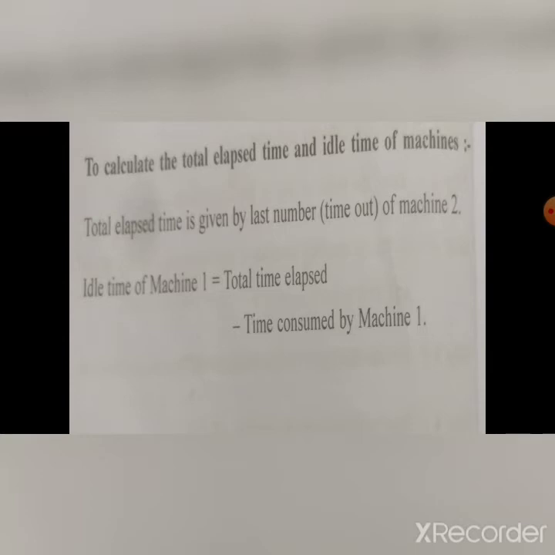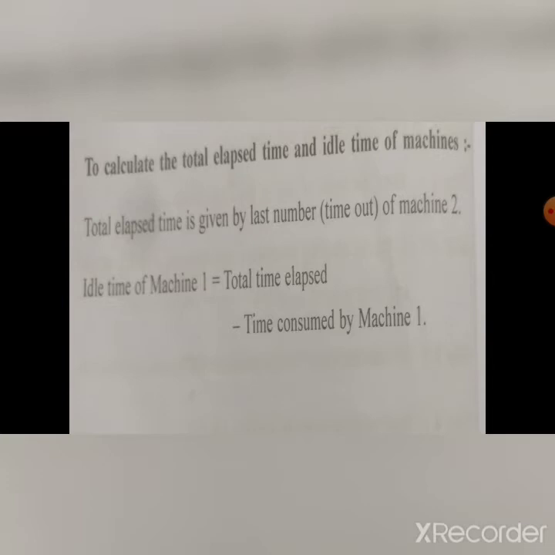So idle time of machine 1 is equal to total elapsed time minus the total time consumed by machine 1. That is the total processing time of machine 1. This will be calculated from the problem itself. So if all 5 jobs are given, and similarly the durations are given, you have to find out the machine 1 total processing time, and similarly the machine 2 total processing time. So we get the result.